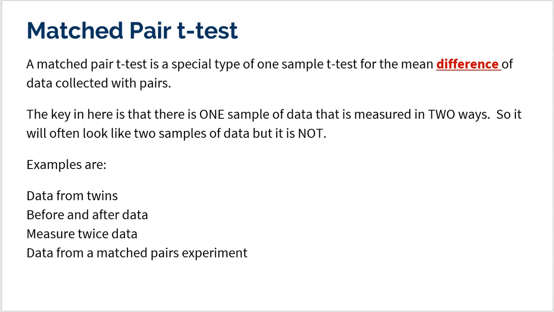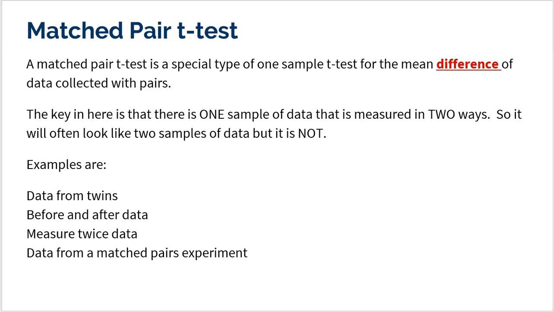Before and after data. So if I have one sample of people and I measure them before and then I do something to them, maybe it's a training program or a pill or who knows, and then I measure them a second time after. Measure twice data. What I'm talking about here is maybe we have one set of objects, but we measure them twice.